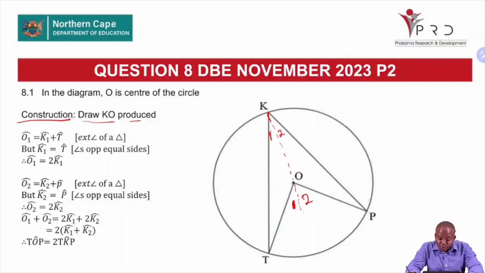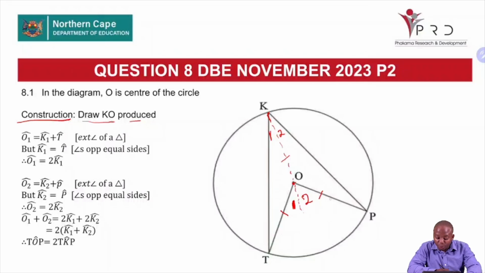So what we're supposed to do is the following. Remember that these sides are equal. What makes them equal? They are radii, because these are lines drawn from the center to the circumference. We call them radii.